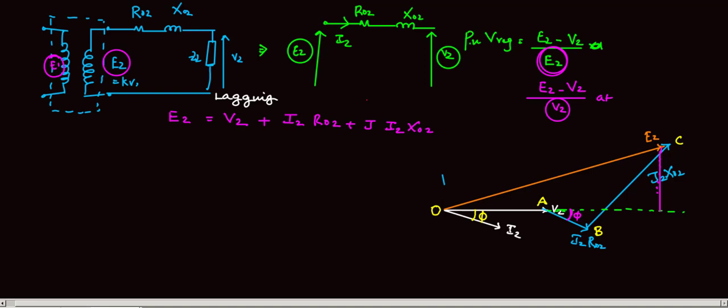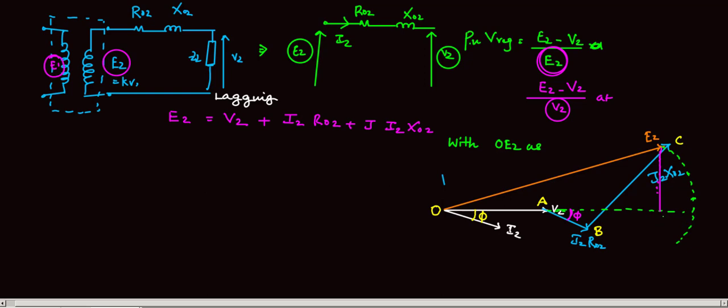With OE2 as the radius, I am drawing an arc, so up to here it is E2.